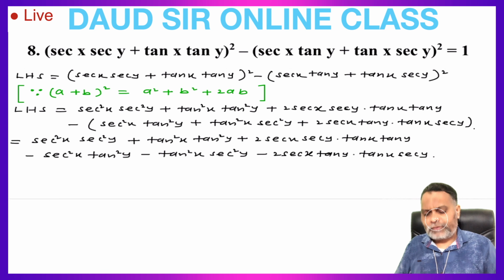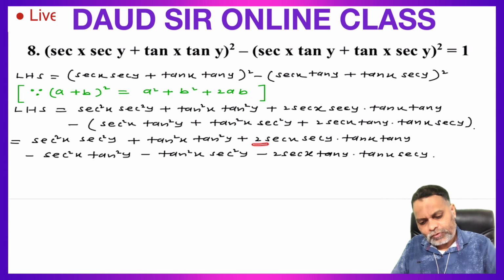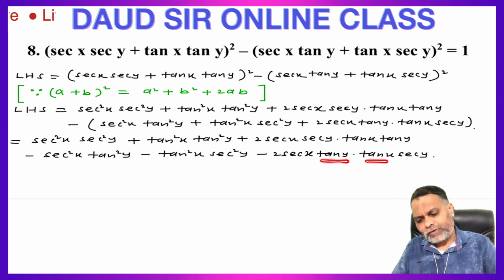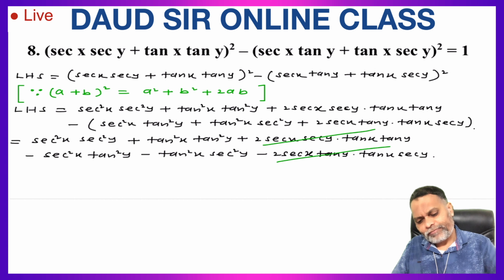Now notice any term cancelling here. This is 2 sec x sec y tan x tan y. This is minus 2 sec x sec y and tan x tan y. So this 2 we can cancel. 2 times sec x sec y tan x tan y minus 2 times sec x sec y tan x tan y cancelled.